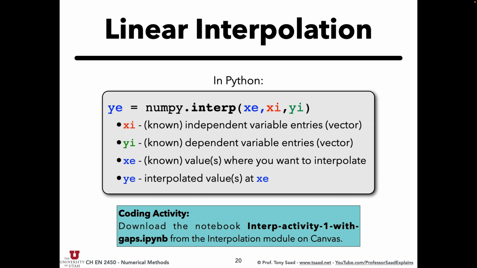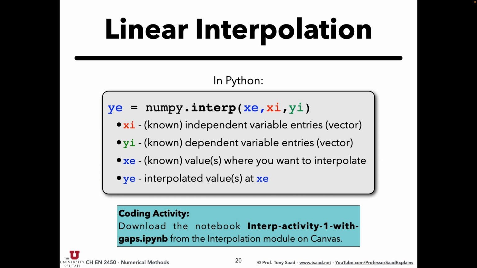So we're going to give it xi and yi, the experimental data that you have, for example, and we're going to ask it to interpolate the values at xe.